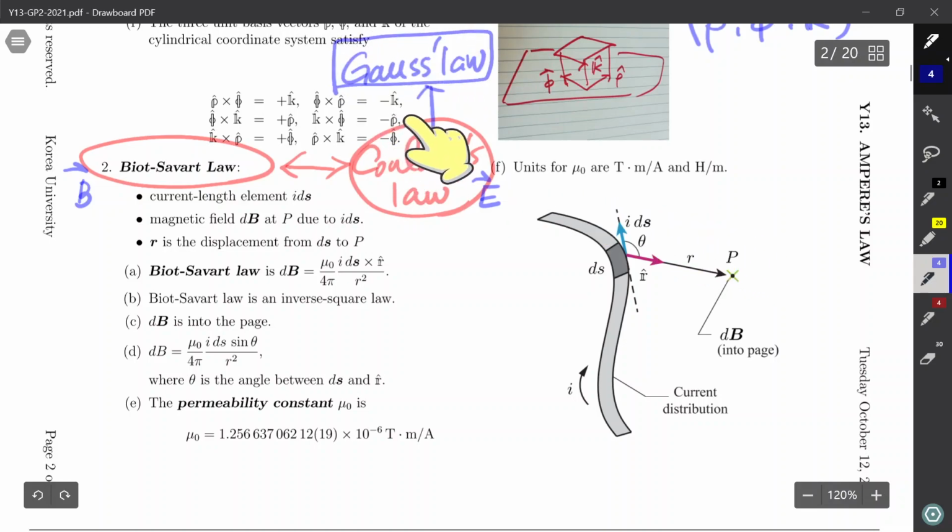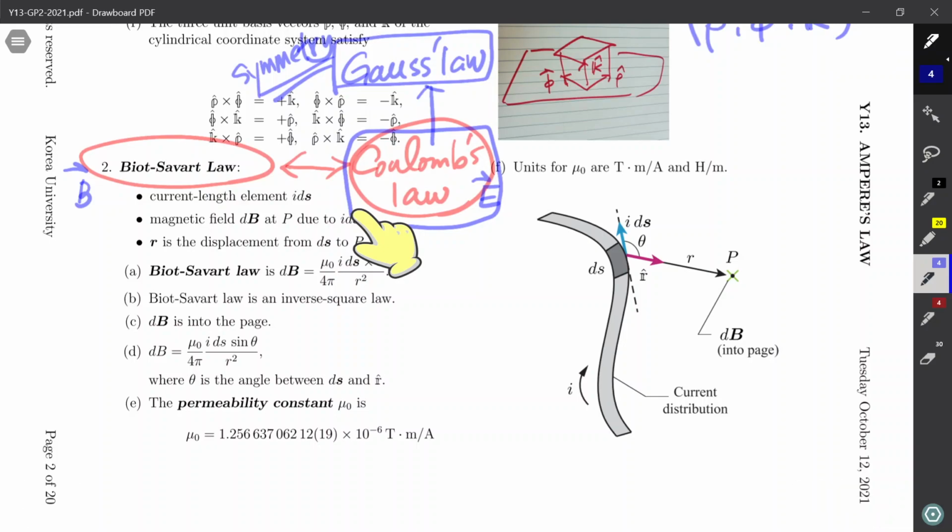Computation of the electric field, making use of Gauss' law, is very simple, but it is useful only when there is a symmetry. In general, we have to use Coulomb's law.